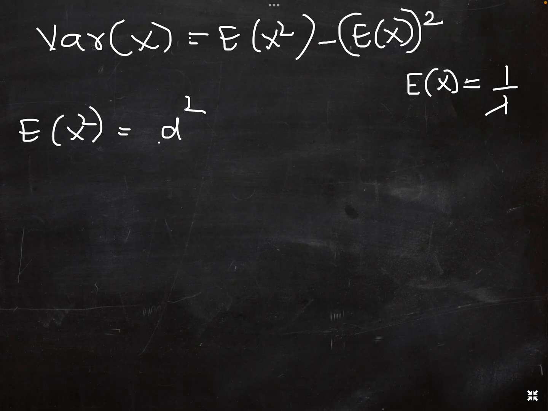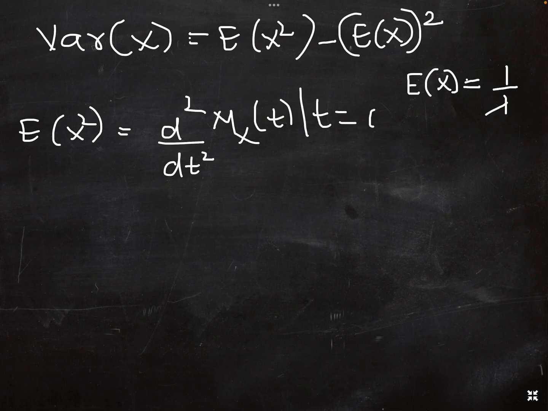We differentiate twice, d square by dt square of Mx of t, and put t is equal to 0. Then we first find d by dt of Mx of t.